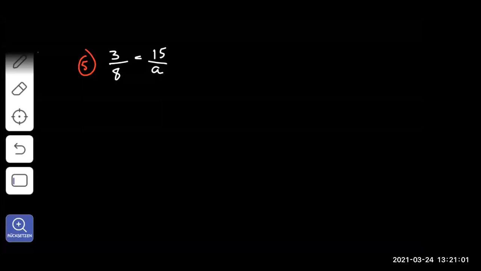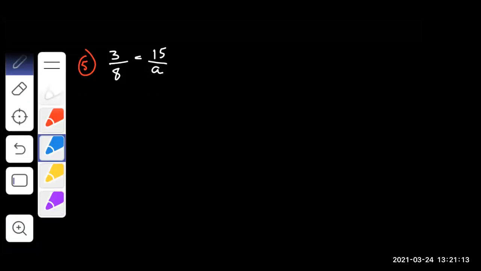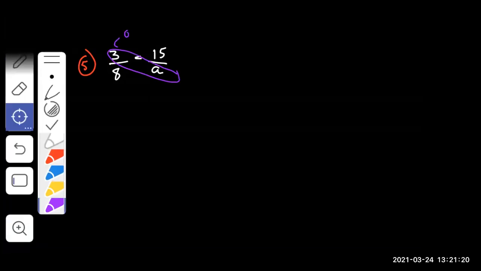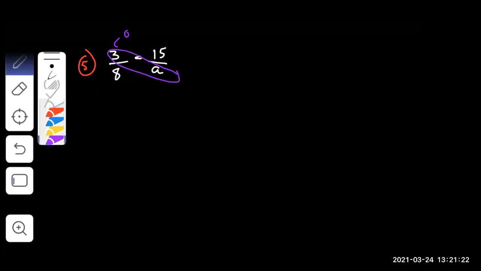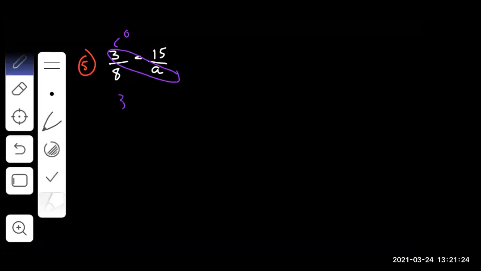Let's check it out. Basically what we're going to try to do is 3 over a equals 8 over 15. What number here, guys, makes this proportion true? Essentially, what we're going to do is use the butterfly method. This is part of my butterfly. Let's solve that first part of the butterfly. 3 multiplying a, 3 times a is 3a.